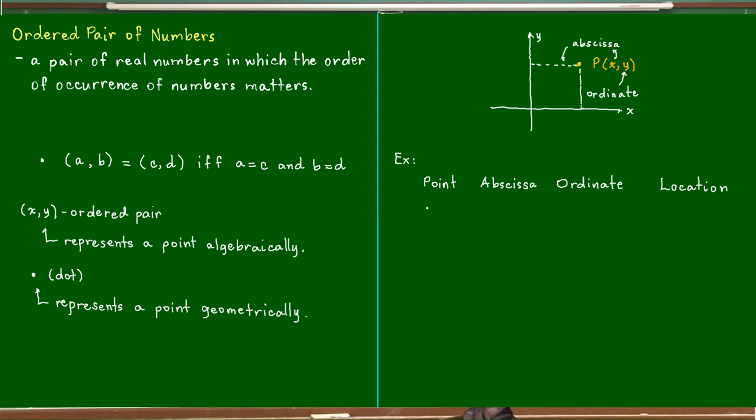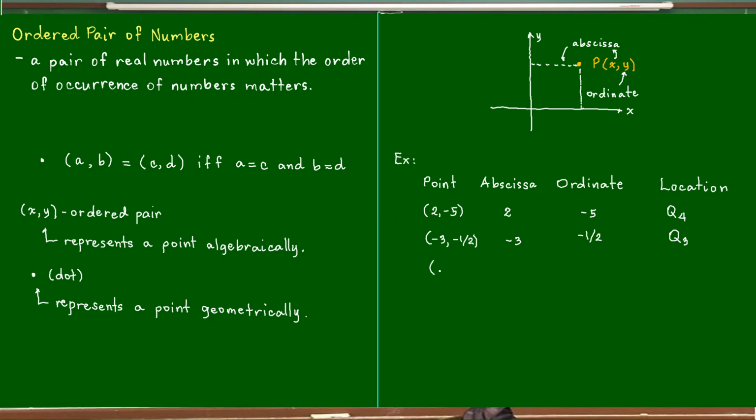Yes, sir. So let's say I have a point (2, -5). What is the abscissa? The first component, or the first number here. And then the second component is -5, so that's the ordinate. Location: that is in the fourth quadrant, quadrant 4. What about if I have (-3, -1/2)? Abscissa is -3, -1/2 is the ordinate, and this is located in the third quadrant.